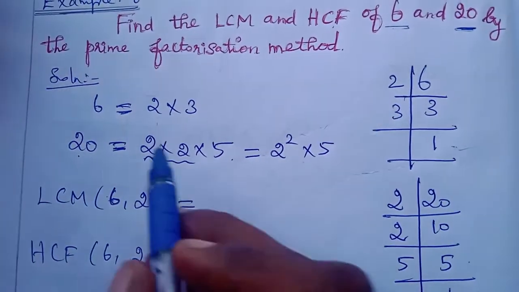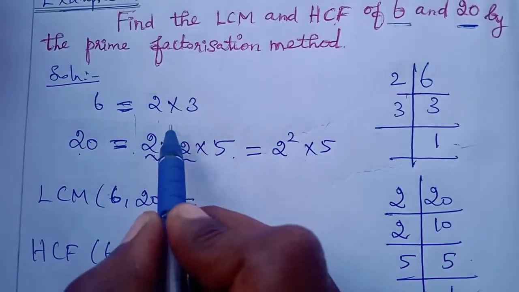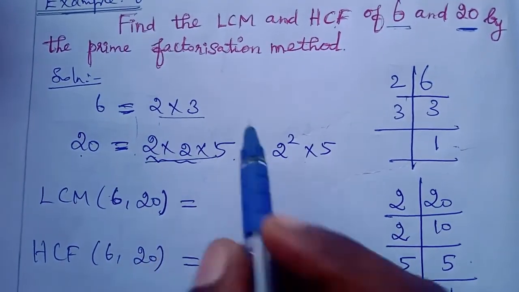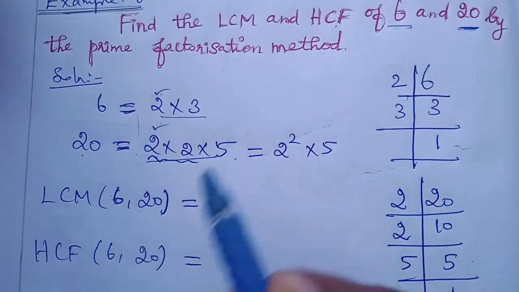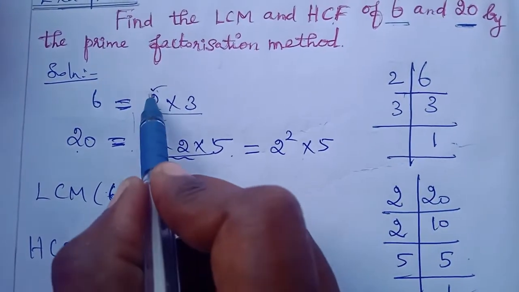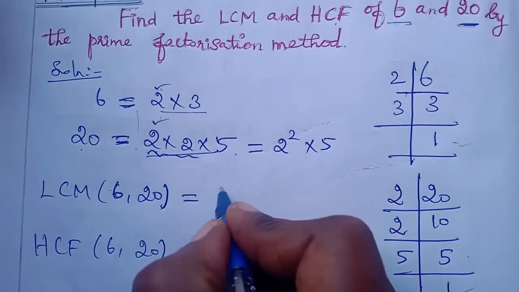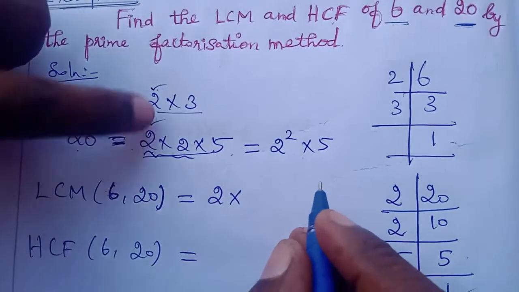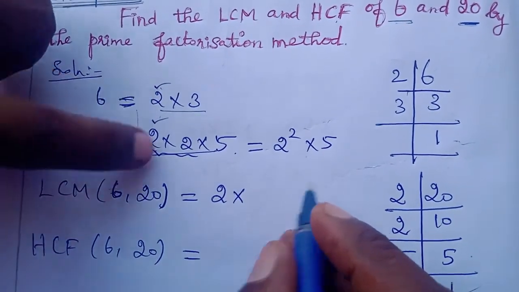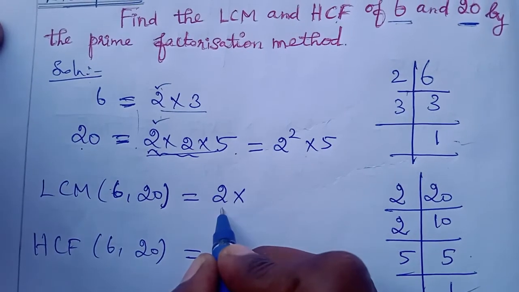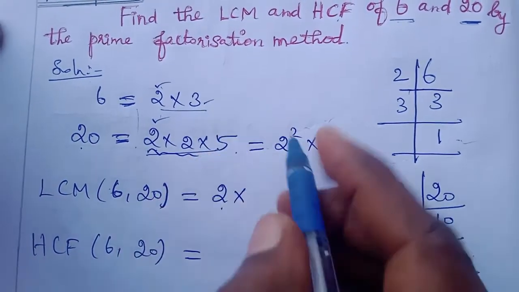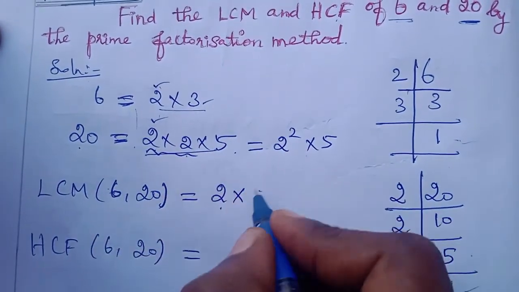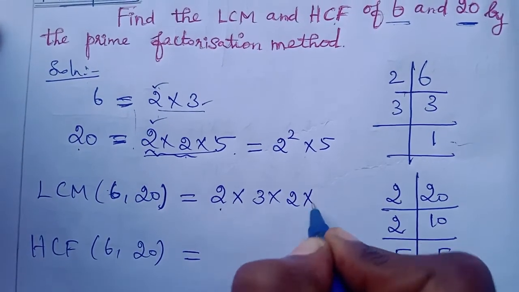Okay, now we just compare these two numbers, 6 and 20, I mean the prime factors. Here one 2 is there, here also one 2 is there. Correct? So for these two we have to write one 2. The two numbers are common, no? For these two I have written here one 2. We have to take 1. Next 3. Again one more 2 is there. Then 3, again one more 2 and one more 5.